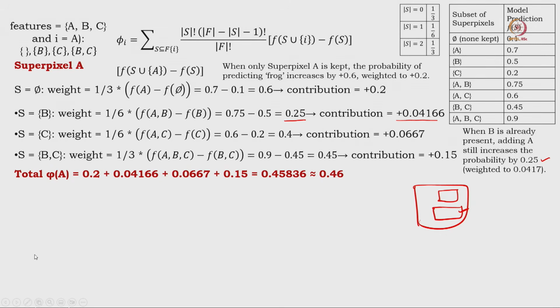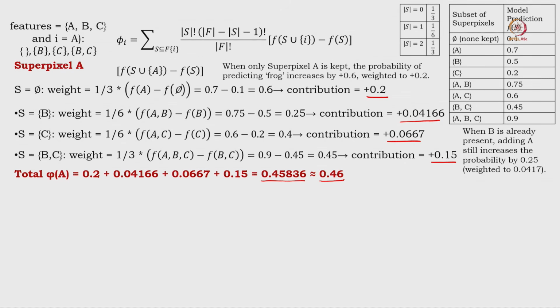So, this is how you are going to calculate each of these. Similarly, you will calculate for S is equal to C and then for S is equal to BC. Once you calculate each of these, finally we are going to add up all of these values. By adding we are getting this, we are rounding it off to this value.